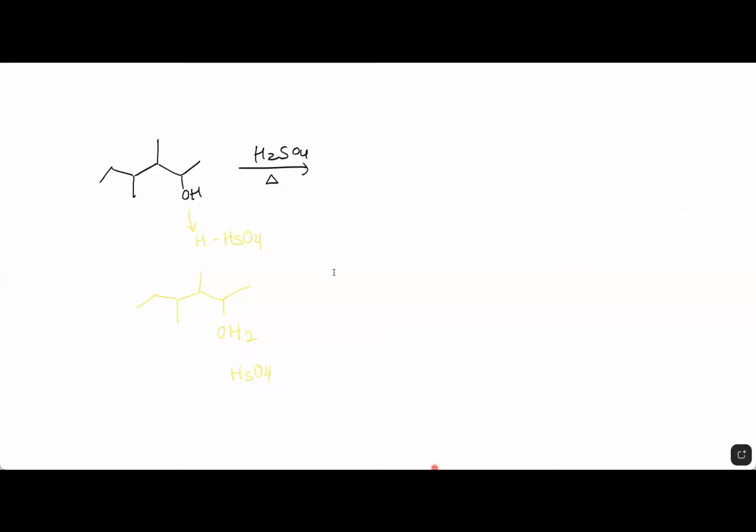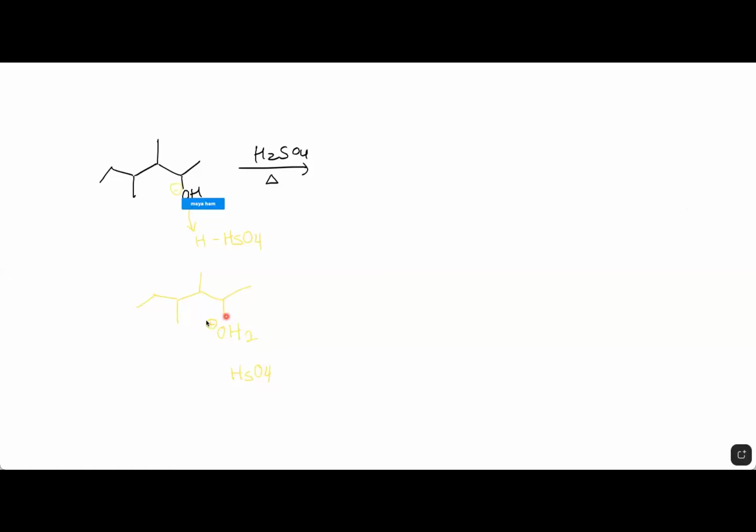What would be the charge of this oxygen right here that gained another hydrogen and now has three bonds? Positive charge, that's right. And now we just created our good leaving group.